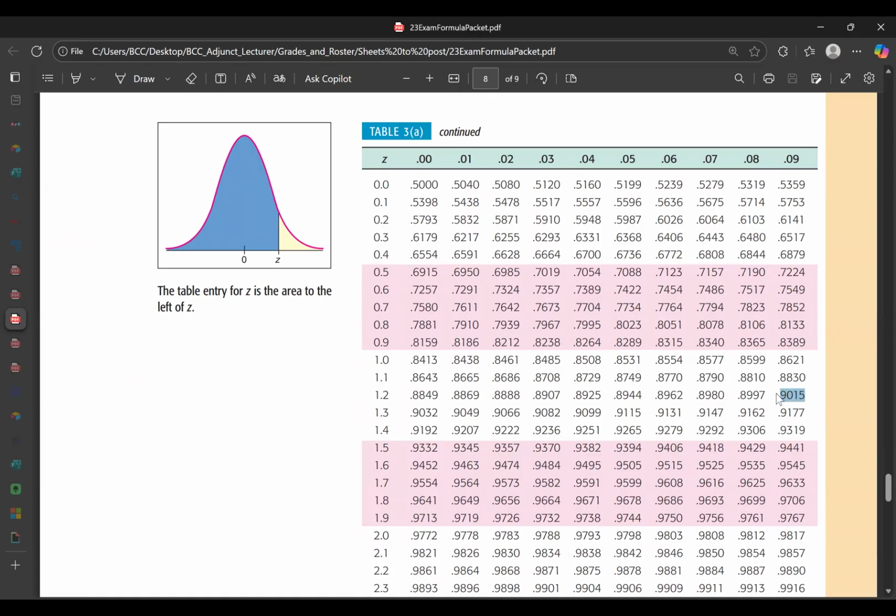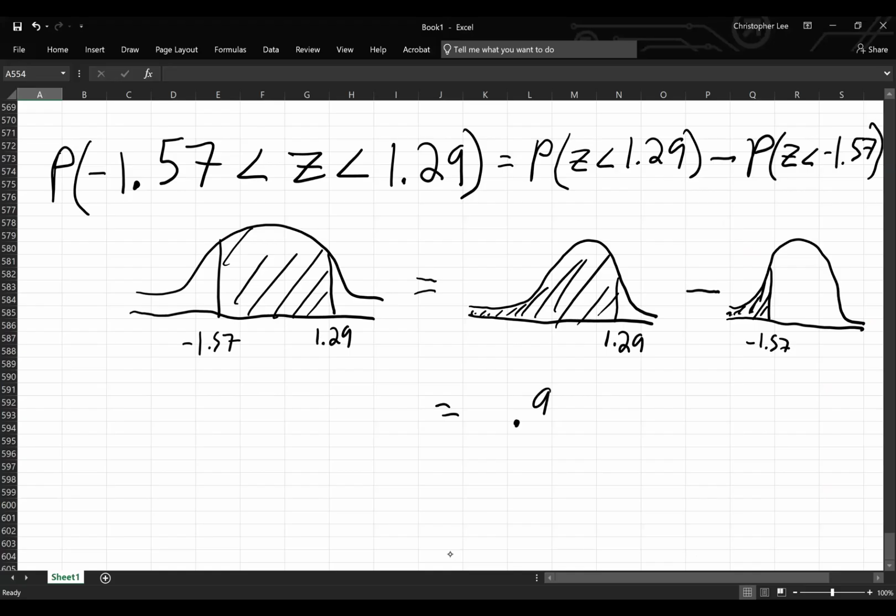So that's the 0.9015. Let's write that in. I got 0.9015.